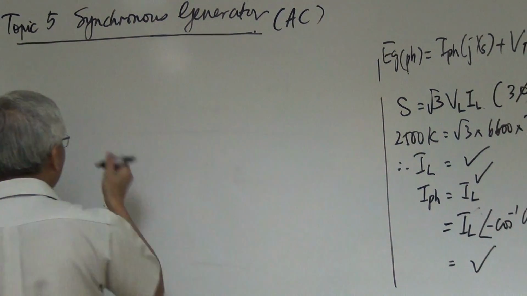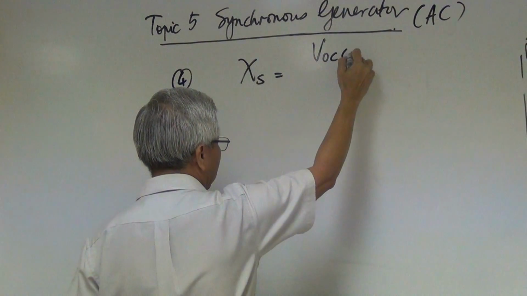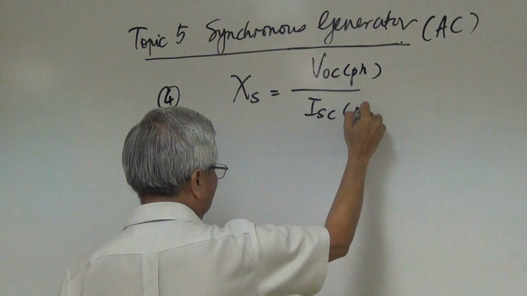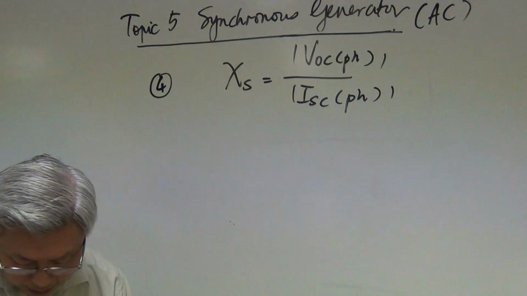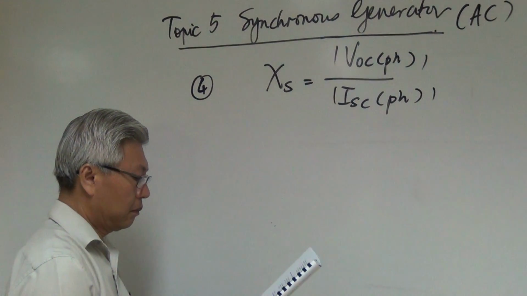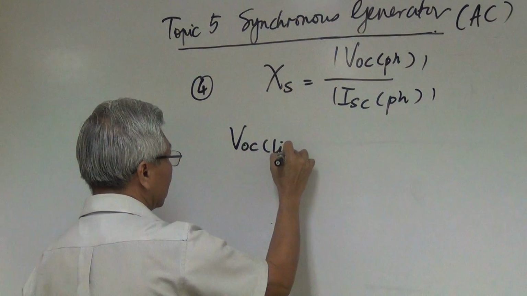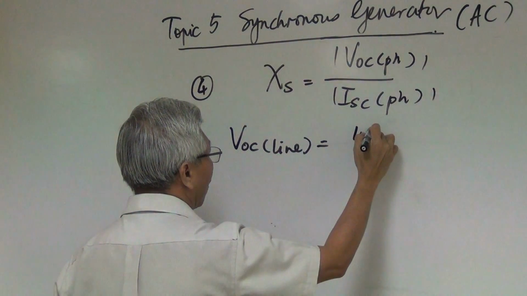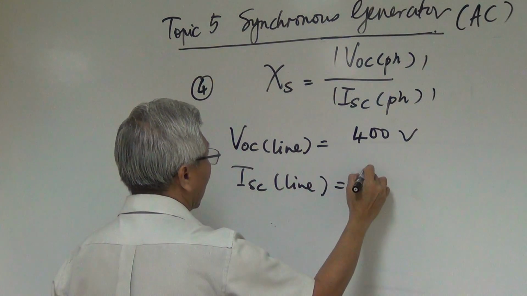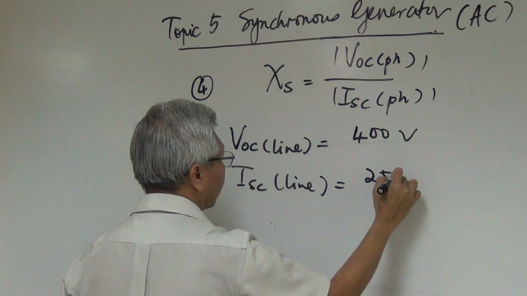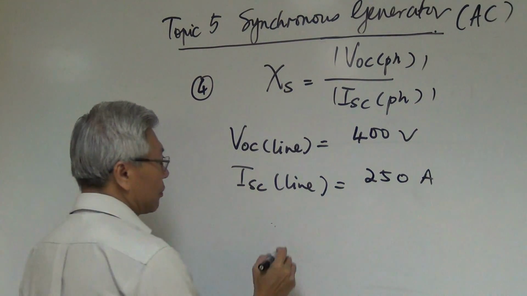Right. Then point number 4 is how to find XS, using VOC per phase divided by I short circuit per phase. So for example, if I say my open circuit line voltage is equal to 400 volts, and the short circuit line current is equal to 250 ampere, then how do you calculate the synchronous reactance?